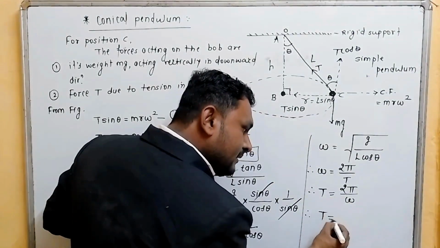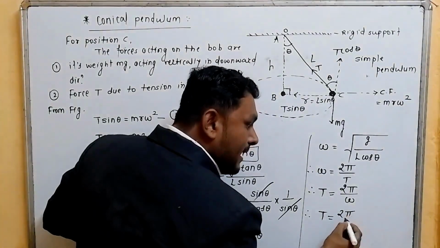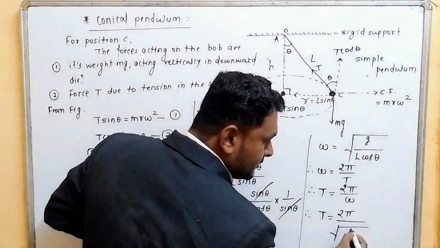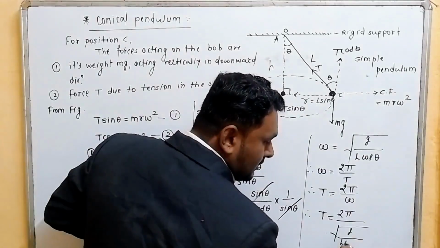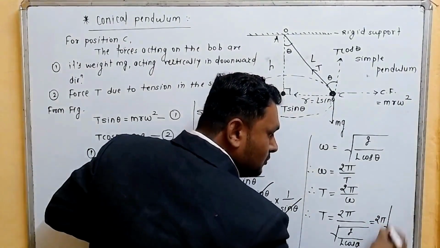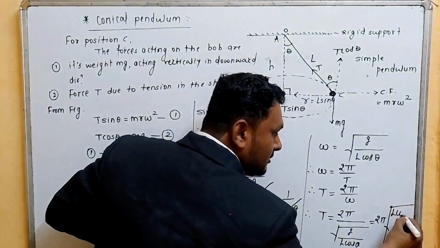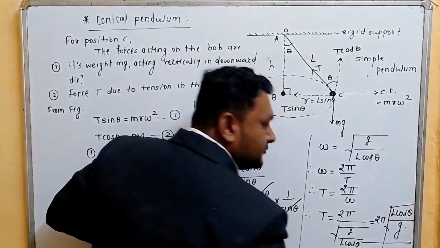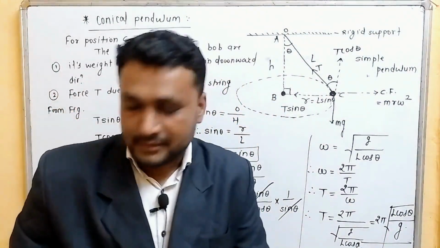So here we will get T is equal to 2 pi upon under root of g upon L cos theta. So we can say T is equal to 2 pi into under root of L cos theta upon g. And this is the equation for the time period.